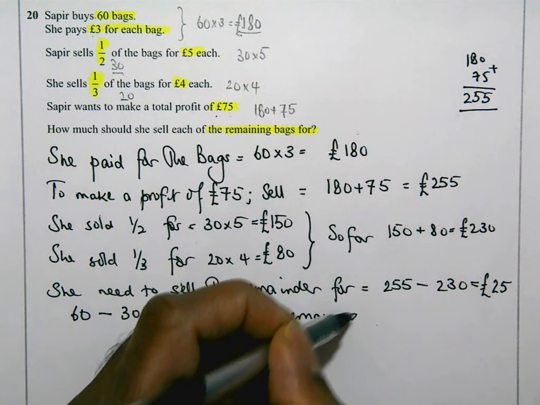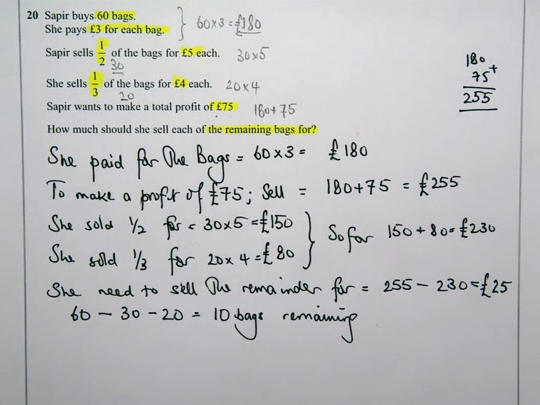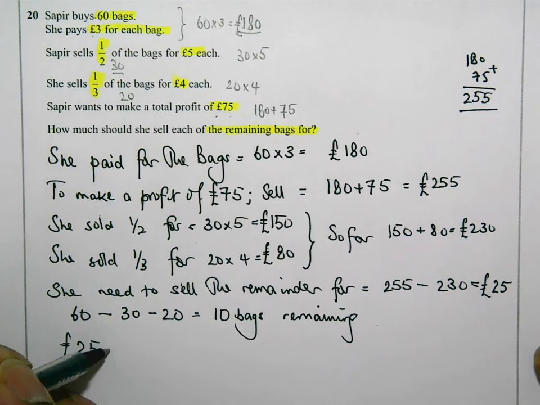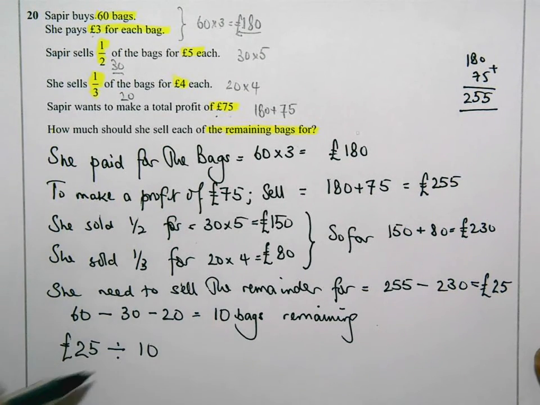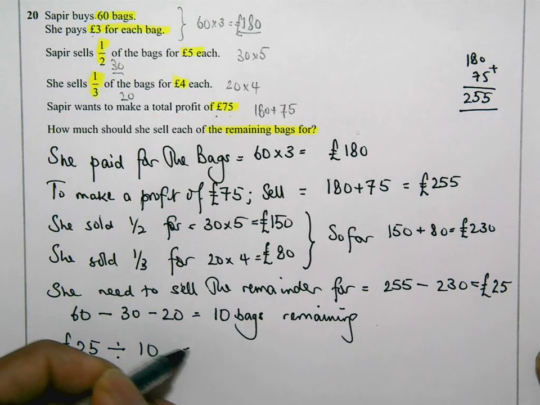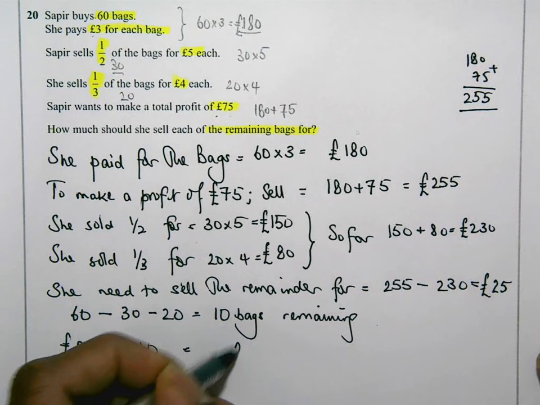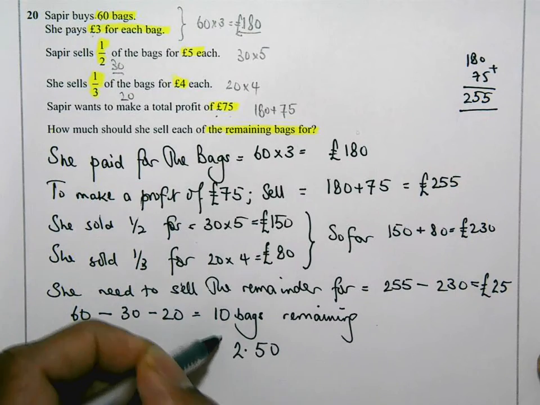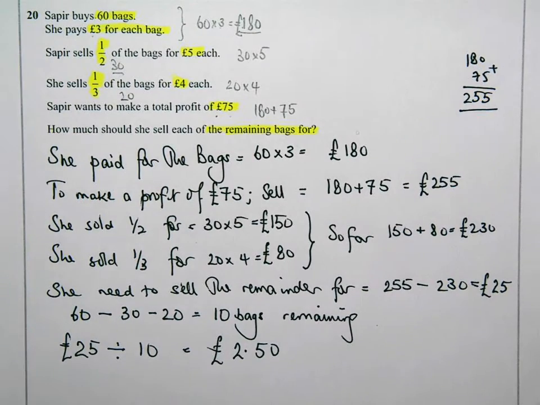Okay, so she has 10 bags remaining. Now what does that tell you? She needs to sell each bag for £25 shared by 10. So 25 divided by 10 is going to be £2.50. And that's what I'm going to write in the answer space, £2.50.